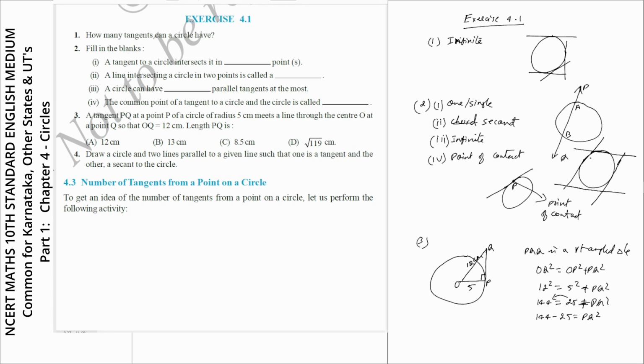So this is 9, then 13, 3 minus 2 is 1, that is 119, equal to PQ square. Therefore PQ is equal to square root of 119.